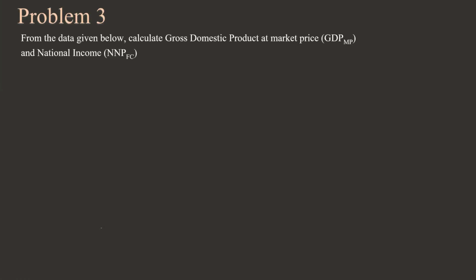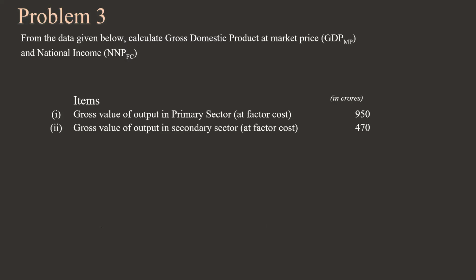From the data given below, calculate gross domestic product at market price and national income. Gross value of output in the primary sector at factor cost, 950 crores. Gross value of output in the secondary sector at factor cost, 470 crores.